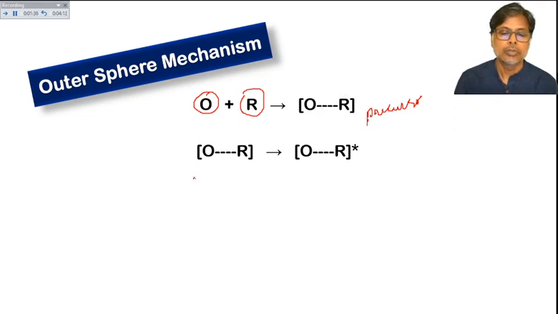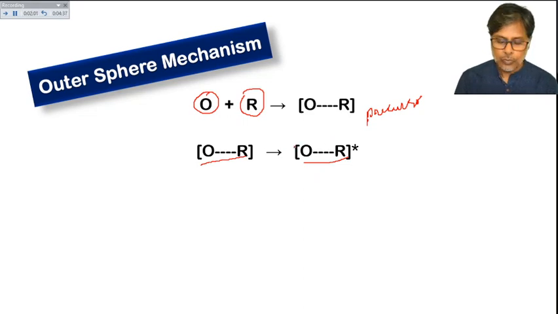So now this precursor complex further forms an activated complex. In the activated complex, all the energetics have been worked out for an electron to go from the reductant to the oxidant.